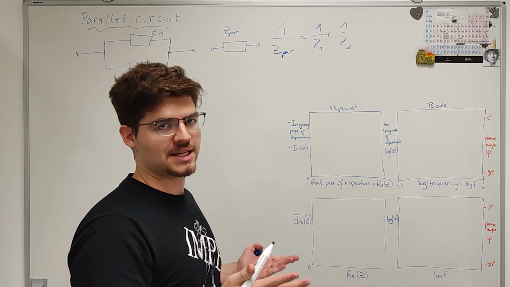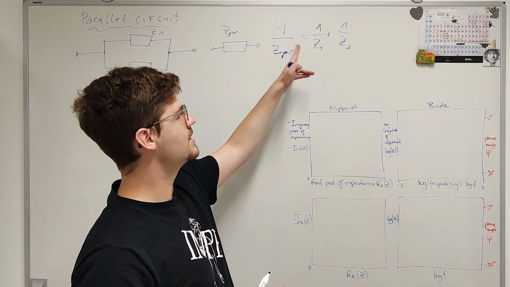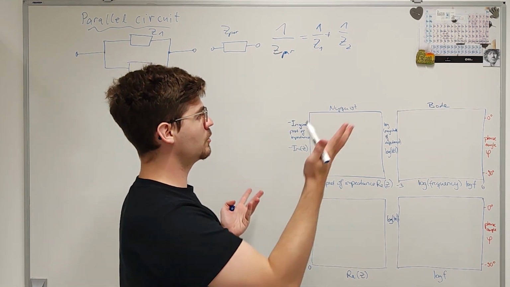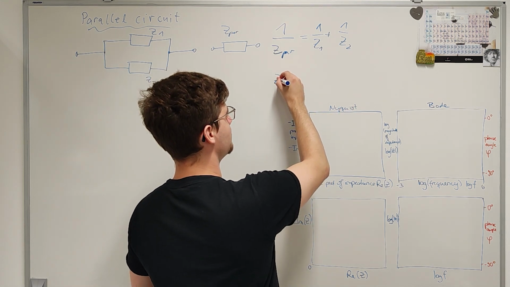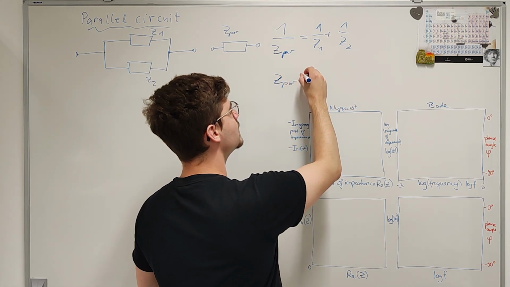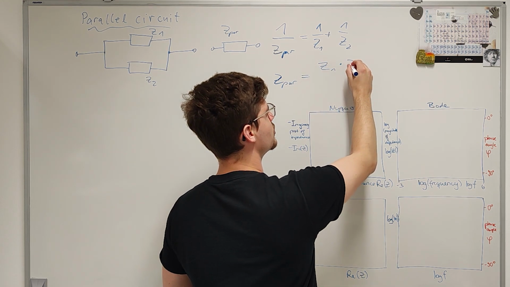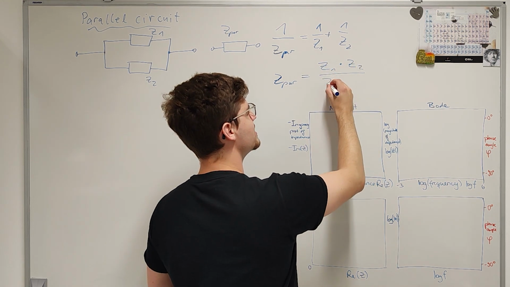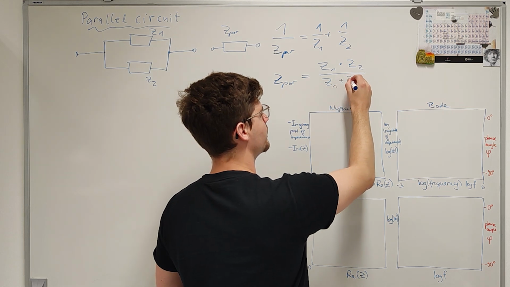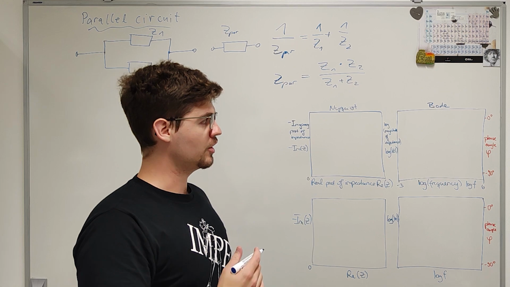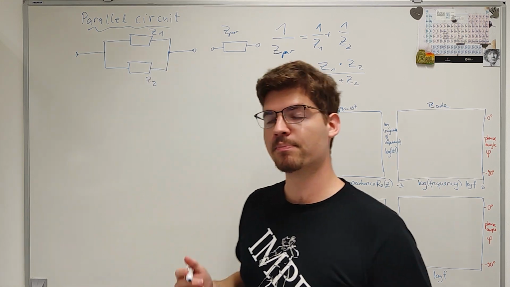Or, more convenient sometimes, it is to just multiply this equation with Z1, Z2 and Z parallel and reform it, and we will get that Z parallel is equal to Z1 multiplied with Z2 over Z1 plus Z2. Now that we know how to calculate this, let's go on and check our RC parallel circuit.